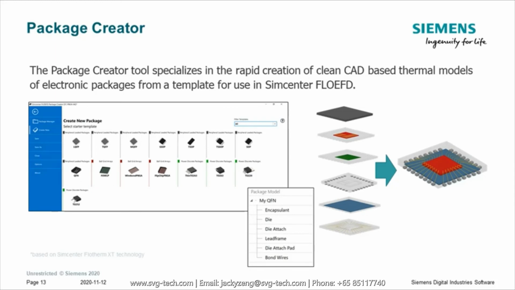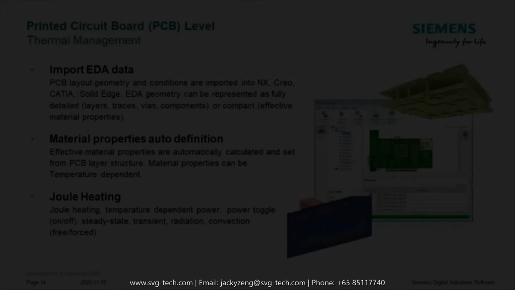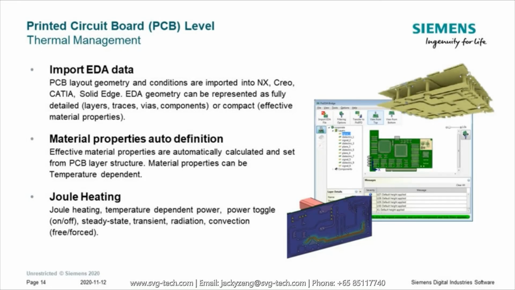The very nice utility that lets you step your way through defining a package, and then you have the reusability of that package in other FloEFD models once you've defined it in package creator. It can address the different levels that you want to model your chips with.